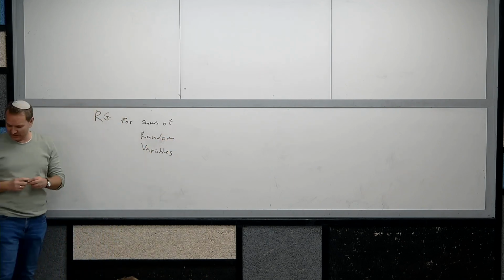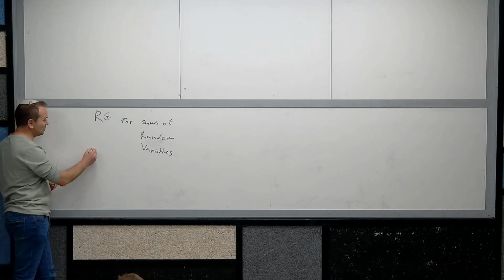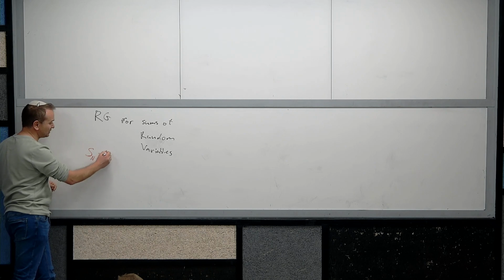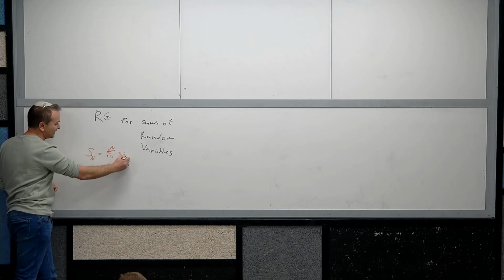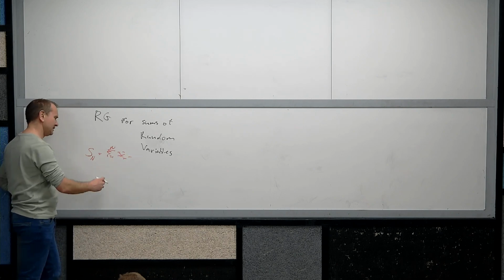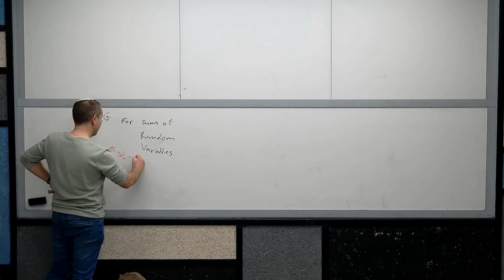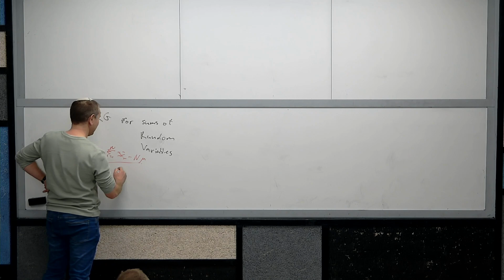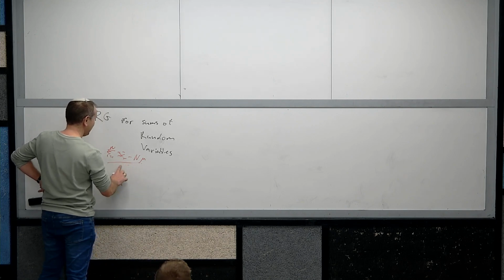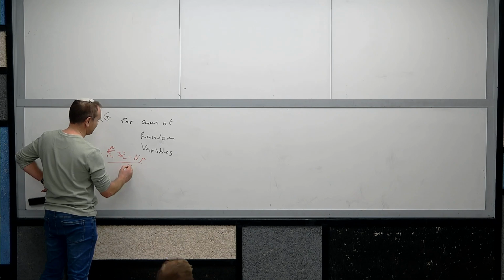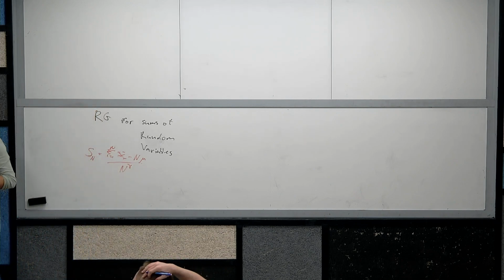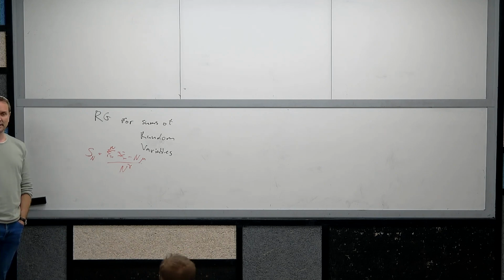And if I want to summarize it, I would say that when you look at Sn, which is a summation, i goes from 1 to n over xi minus n mu, divided by some square root of n to some power gamma, we basically managed to obtain scaling laws.